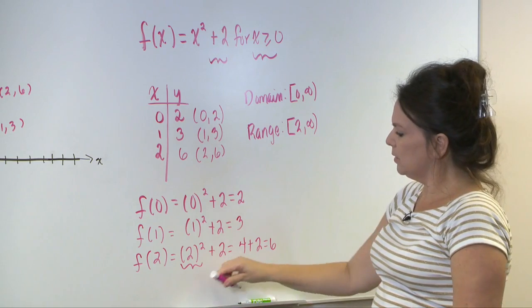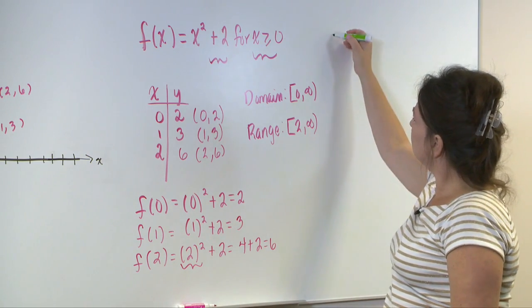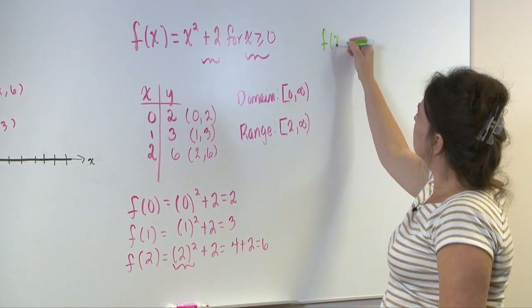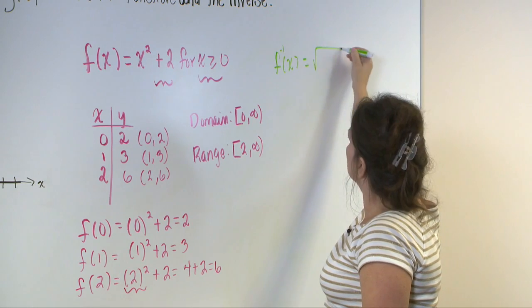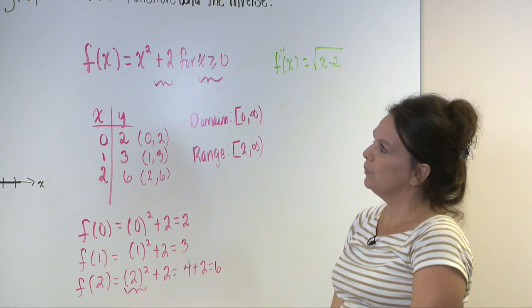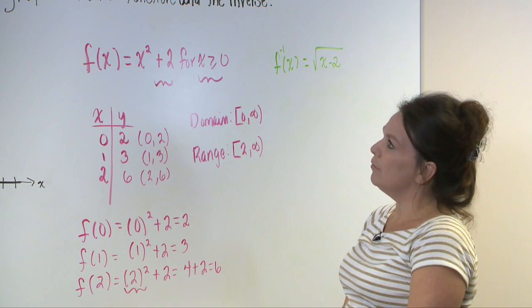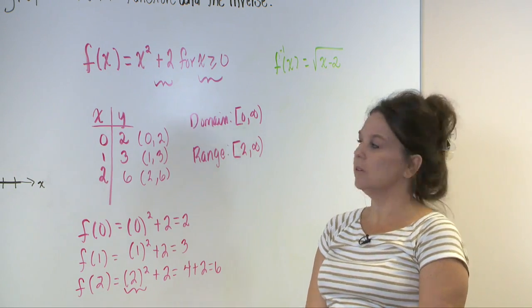So the next thing that I want to consider is the inverse function. And the inverse function, f inverse of x, is equal to the square root of x minus 2. Now, one thing I know about a function and its inverse is that the domain and range are reversed.